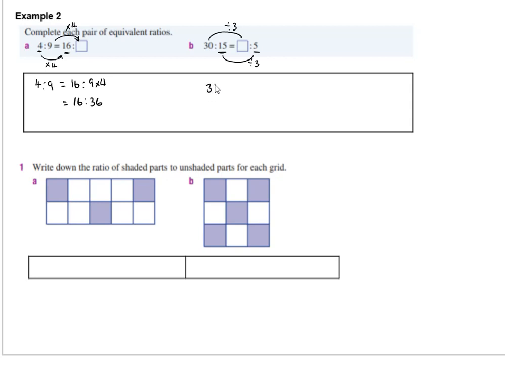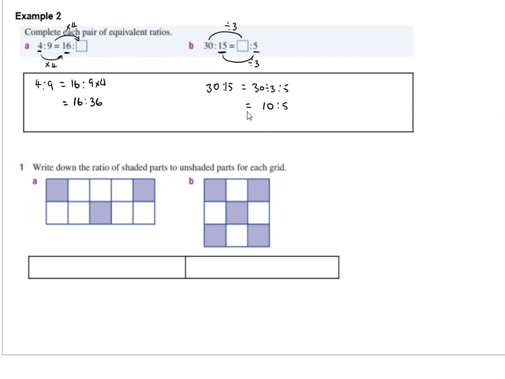So 30 to 15 equals 30 divided by 3 to 15 divided by 3, which is 10 to 5. So 30 to 15 is the same as 10 to 5.